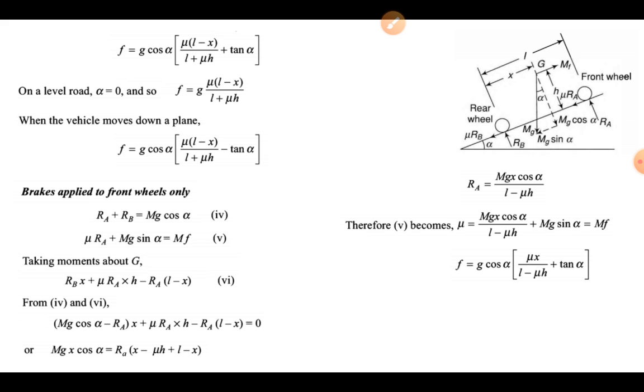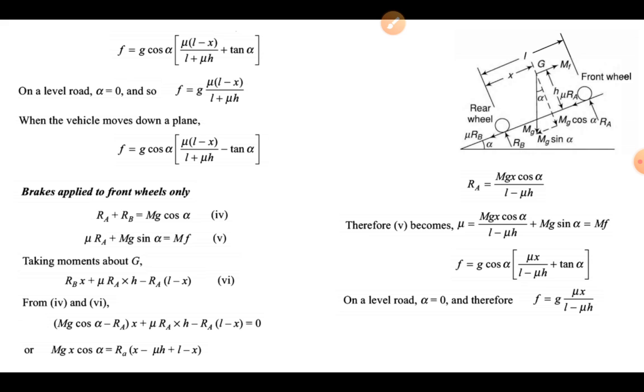So the value of retardation force will be G cos alpha times mu x divided by L minus mu h plus tan alpha, right? So this is the case when the vehicle is moving uphill, okay, right?